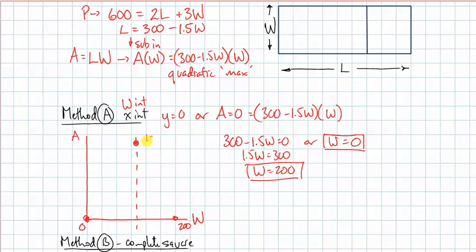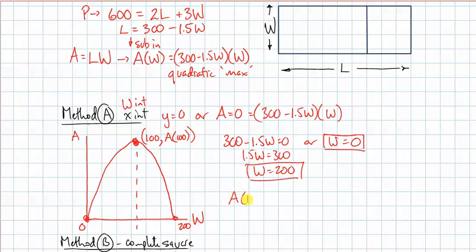The vertex is on that axis. It opens downward from there. That's the peak location. And I just need to find the area now, evaluated for an input of 100. Remember, I have an area function that depends on w.